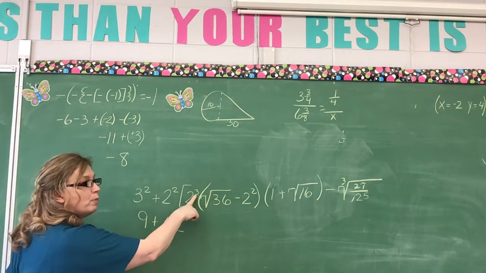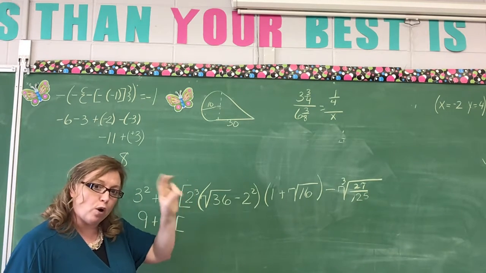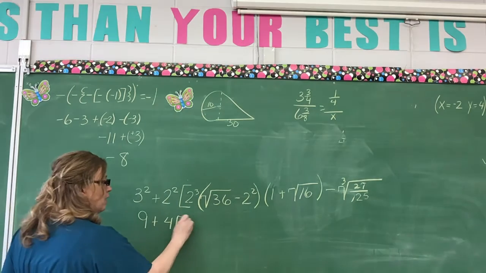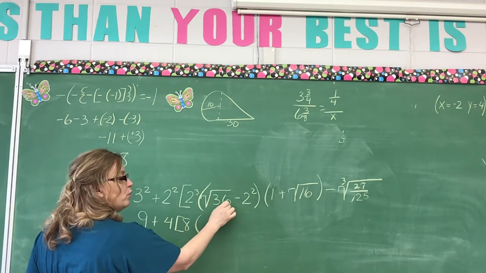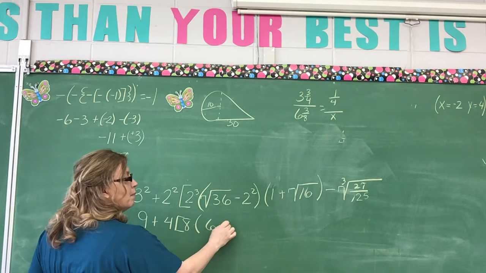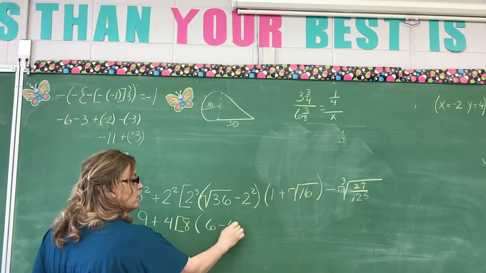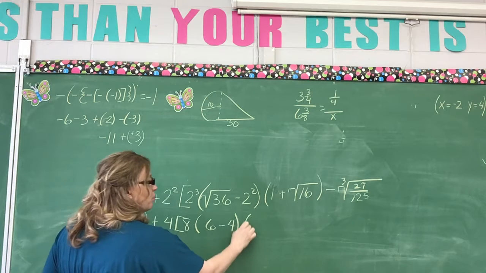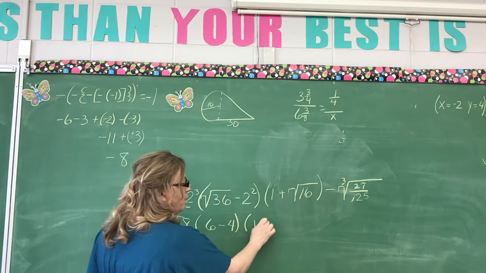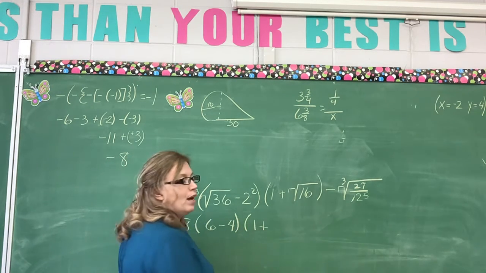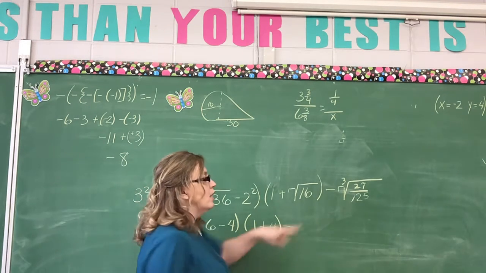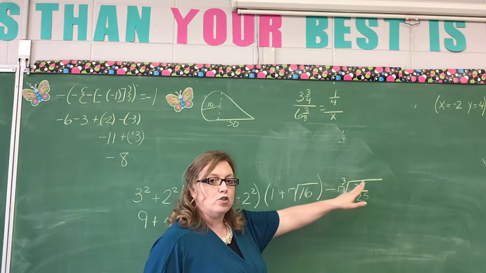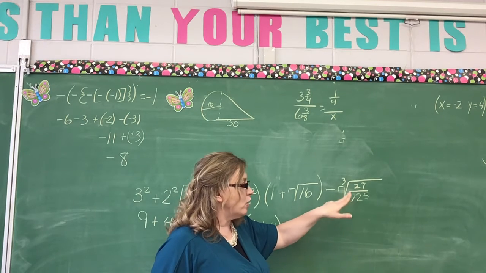2 to the third power, that's 2 times 2 is 4, times 2 is 8, okay? Now we have parentheses. The square root of 36 is 6, minus 2 squared is 4, parentheses again, 1 plus the square root of 16 is 4, parentheses, minus the cube root of 27 125ths.